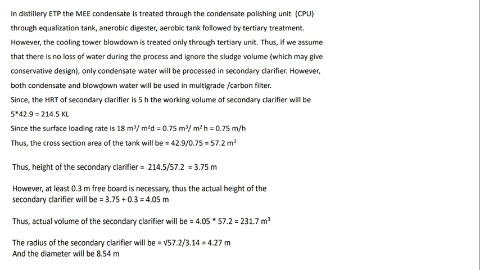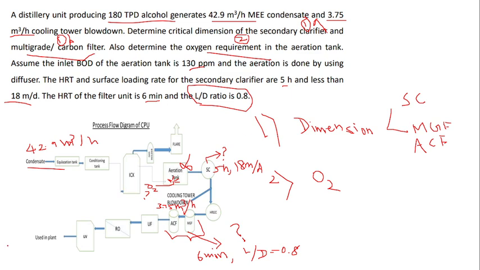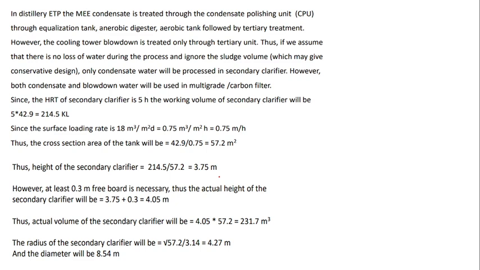However, both condensate and blowdown water will be used in a multigrade or carbon filter. That is what I have explained so far. So, to calculate the dimension of the secondary clarifier, we can account only one waste stream, which is the condensate, because the cooling tower blowdown is coming after the secondary clarifier only. So, we can take the data of the condensate alone.